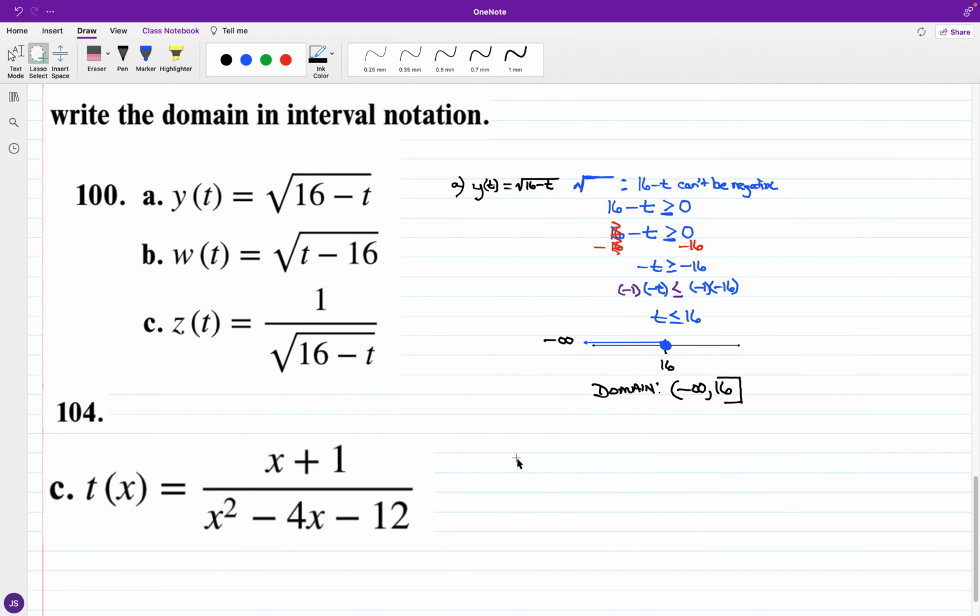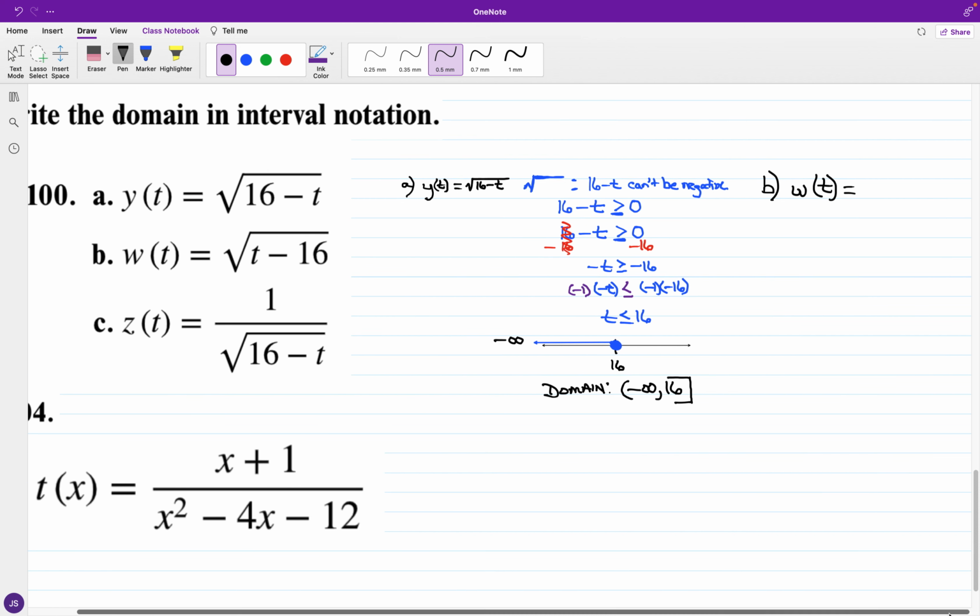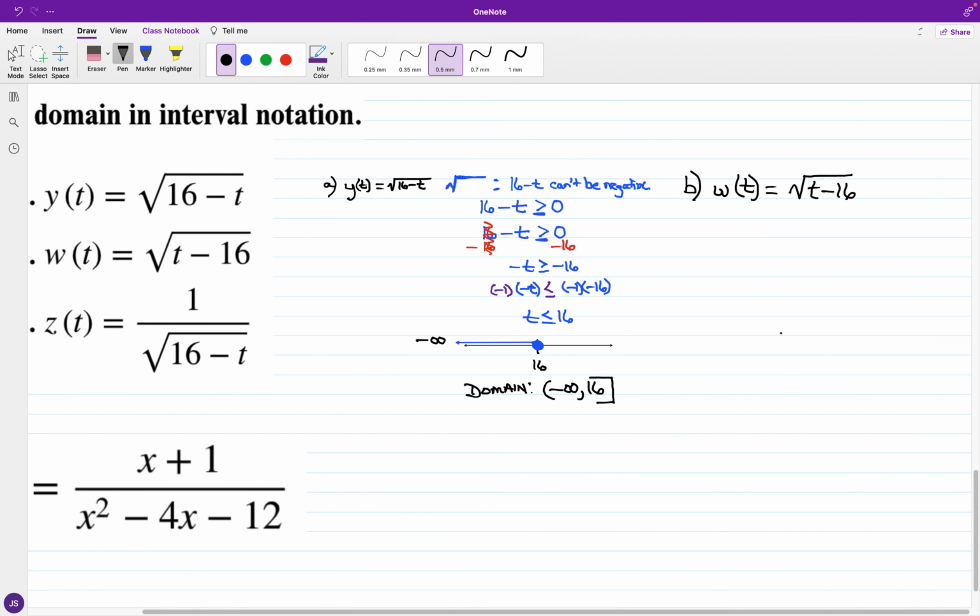For this one, we have the square root of t minus 16. And in a sense, there's going to be a bit of history that will repeat, because we have yet another direct even root radical expression, with the t and the 16 changing positions.